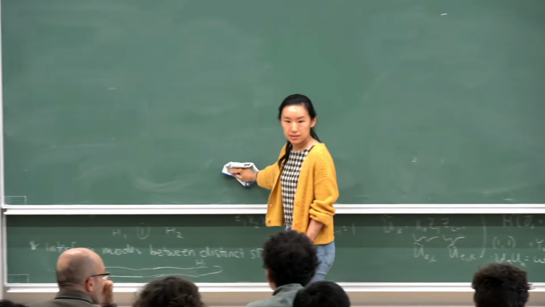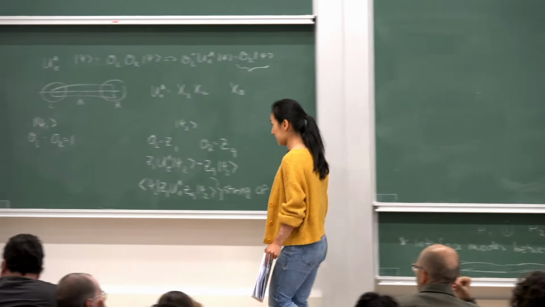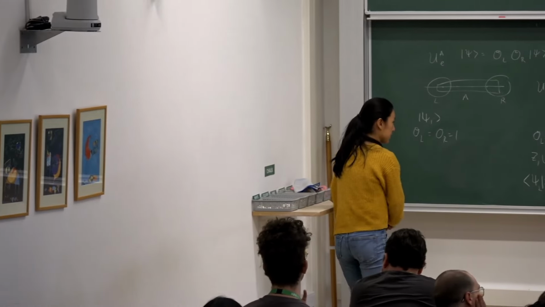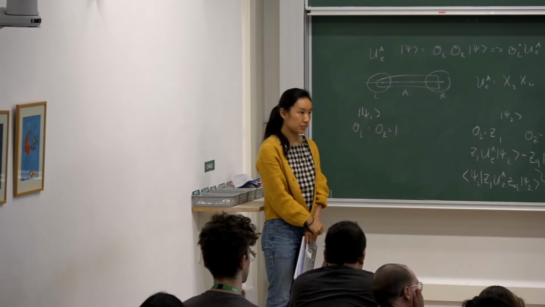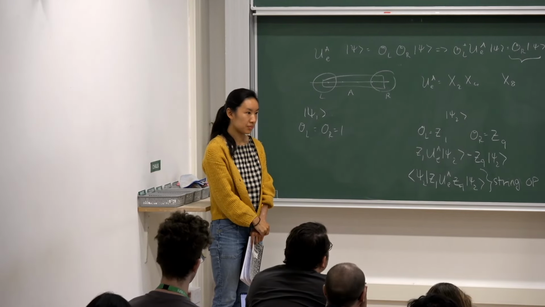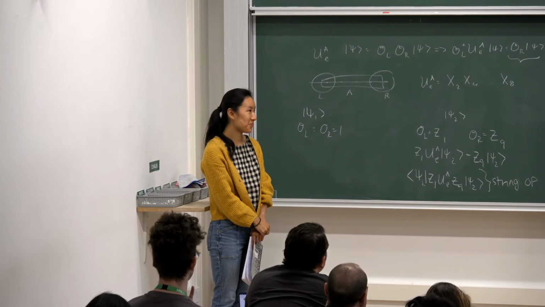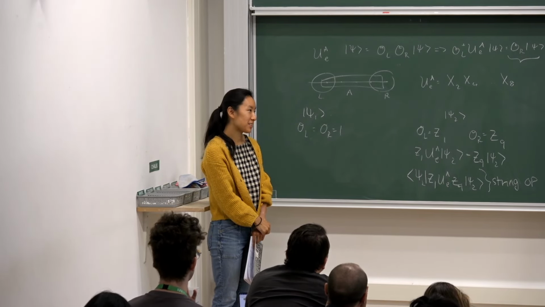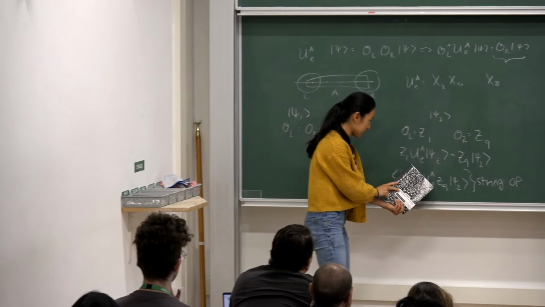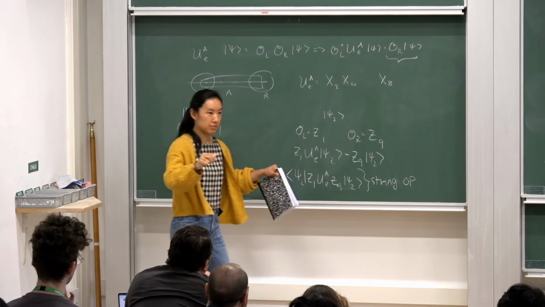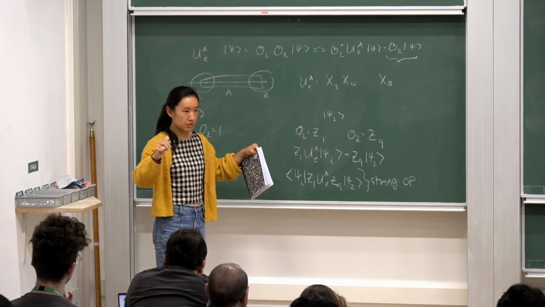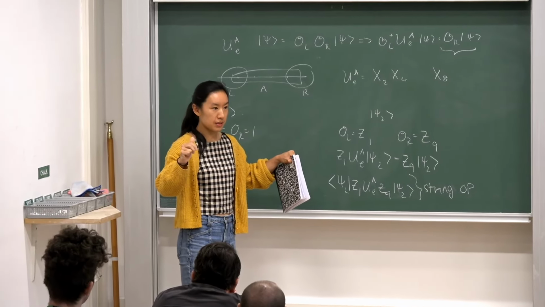Sorry, could I just ask a terminology question? Yes. This quantity at the bottom is what you're calling the string order parameter? Why is it called the string order parameter? It's called that because it looks like an order parameter, but it comes with this operator string. An order parameter is a correlation function between two local charged operators.